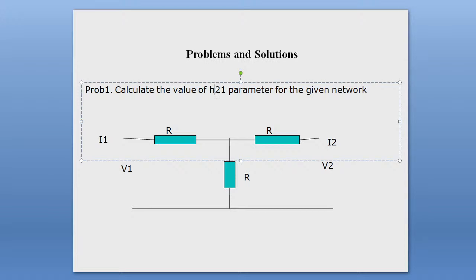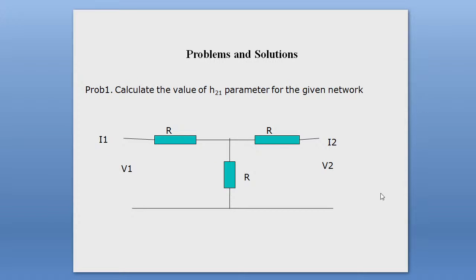Everyone calculate it. You know that there are a total of 4 H parameters: H11, H12, H21, H22. So there are a total of 4 parameters associated with the H parameter set. Here I am asking you to calculate the value of H21 parameter for this network.